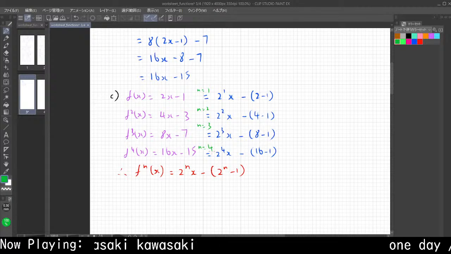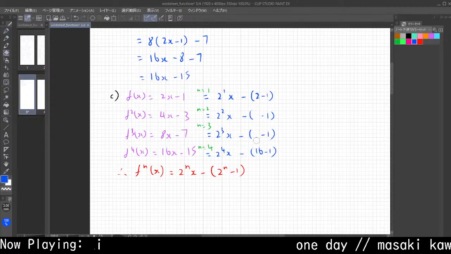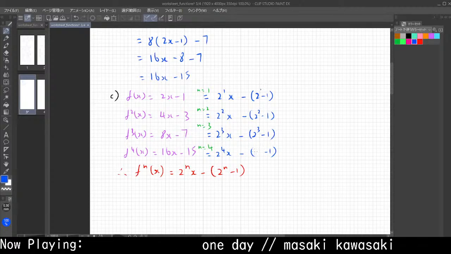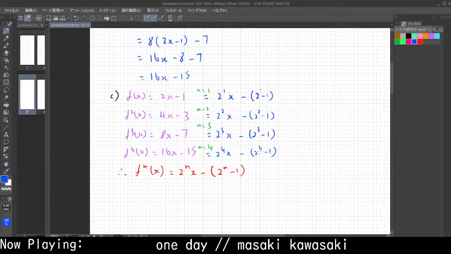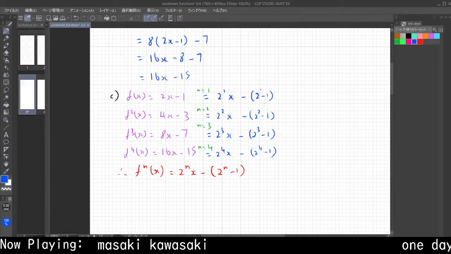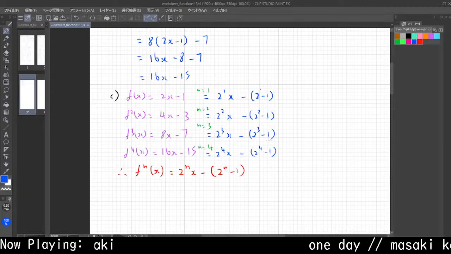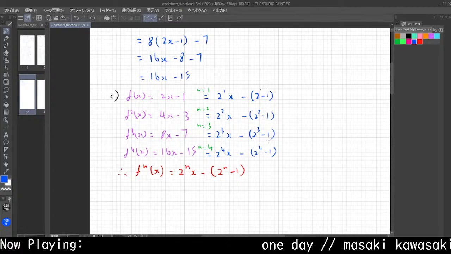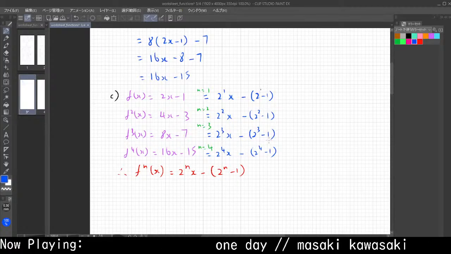So if I want to generalize these, this can also be written as 2 to the 1, 2 to the 2, 2 to the 3, 2 to the 4 respectively. The only thing that's changing throughout these 4 iterations is the power. Other than that, everything stays the same.